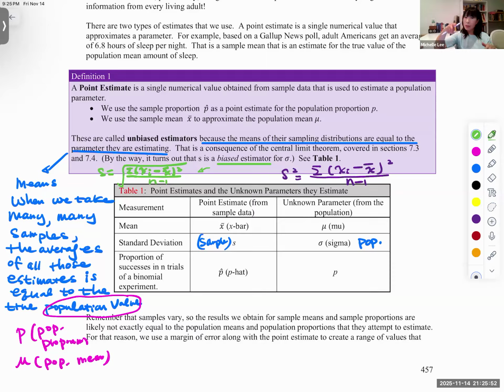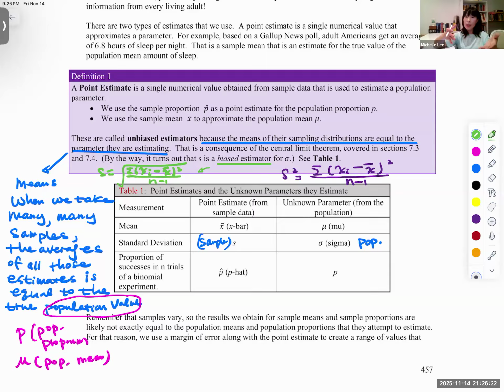Why did we not use n? If we use n, it's the same formula as the population standard deviation, right? And we use n-1, not n-2 or n plus 1. With n plus 1, the denominator gets bigger, so that is an underestimate.